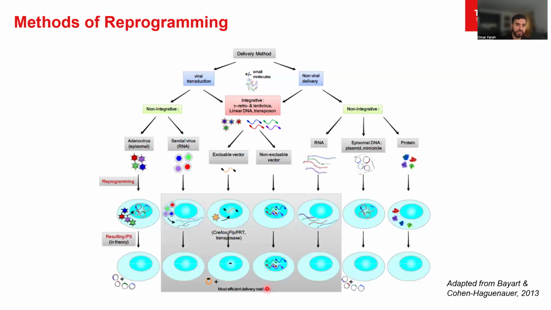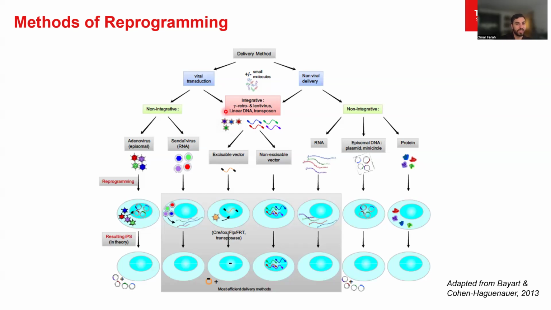The main distinction between the delivery methods is whether they're integrative or not, I would say. So what does that really mean? When we refer to an integrative delivery method, this is a method by which the payload that you're delivering, in our case the Yamanaka factors, gets integrated into the genome of the host cell, right? Integration is usually somewhat of a random process with a lot of those delivery methods. Sometimes it's not.